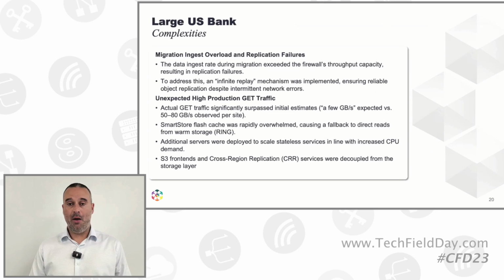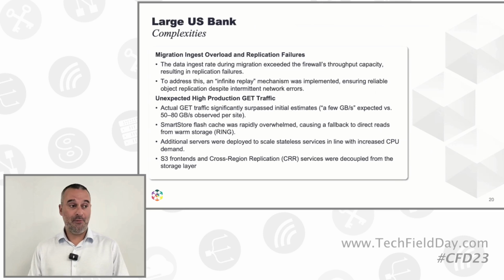And same for the S3 stateless services. In that case, we observed get traffic exceeding the capabilities of the servers in terms of CPU, with spikes of up to 80 gigabytes on both sides simultaneously. That means 160 gigabytes of read, gigabytes, not bits, bytes.